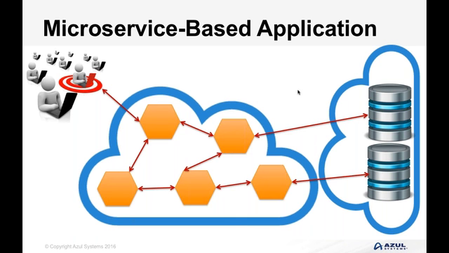Now, the nice thing about this architecture is that we can separate up things in terms of development. So we don't have to have one team responsible for the whole application. We can have one team that's responsible for one or maybe two or a few of the services which make up that application. People who are experts in a particular area can address the needs of those services.